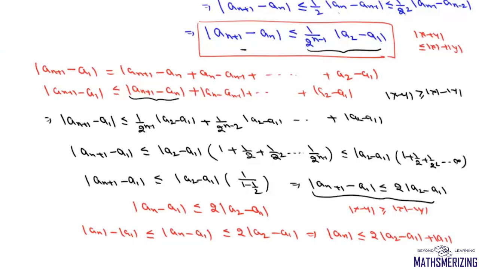Now in the question it is given that a1 is 1. So we can write mod of an is less than 2 times mod of a2 minus 1 plus 1. Now since this function is a differentiable function and its f dash is also a continuous function, it means this a2 will be a finite value. So this an will always be less than or equal to 2 mod a2 minus 1 plus 1, which is some finite real number m.